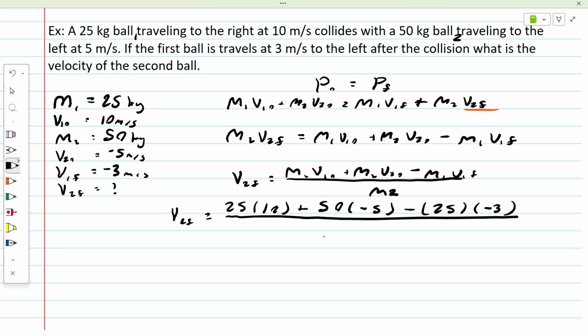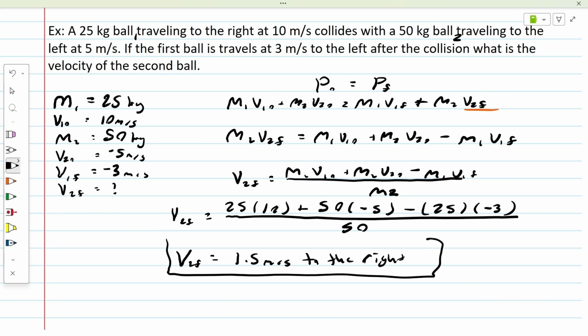Want to be clear about which one it is. m2, which is 50. And so if we go ahead and plug all this in, we'll get a v2 final equal to 1.5 meters per second. And since it's positive, that means it's to the right, because we defined the right direction as positive. Okay, so I'll go ahead and box my answer here.